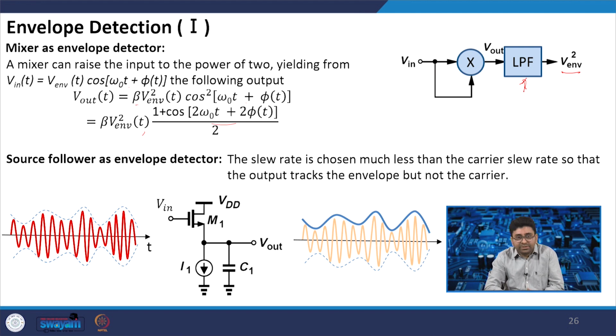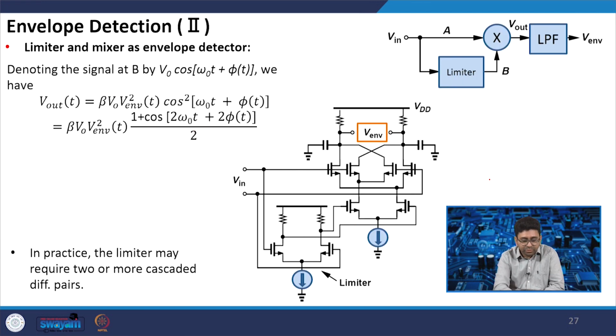You can also use a simple source follower in order to get only the envelope. So, this will track the envelope, not the carrier. You can also use a limiter circuit. This is a limiter circuit using a differential amplifier, and then this is a simple multiplier, a Gilbert cell multiplier, that we have discussed.